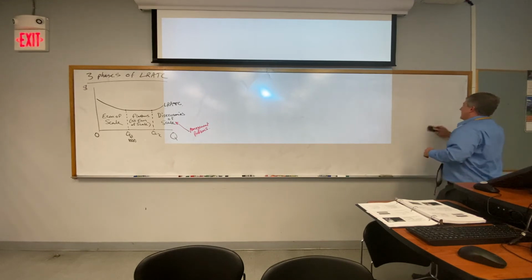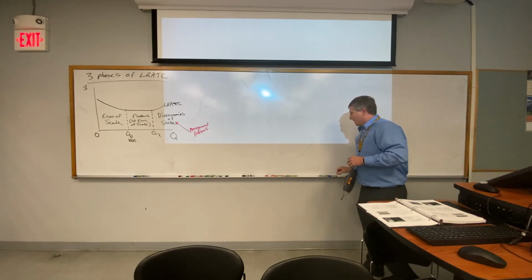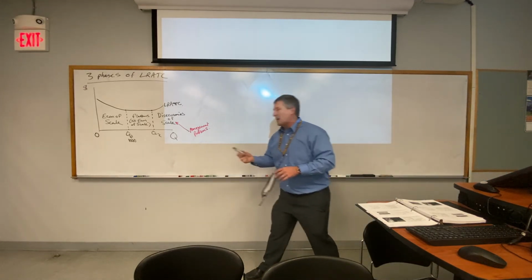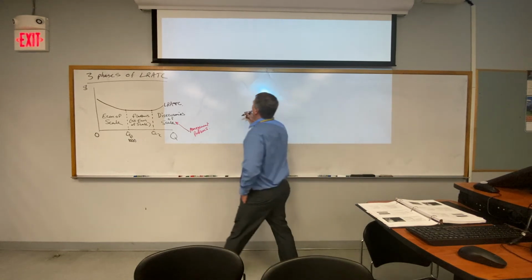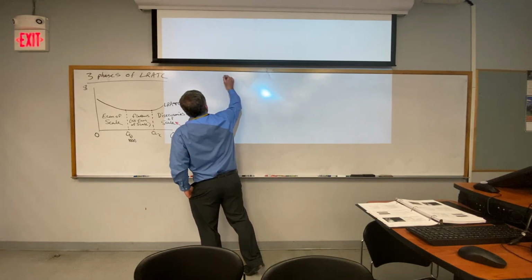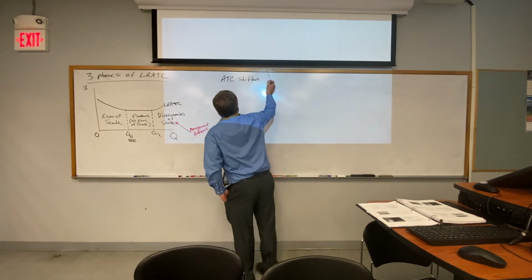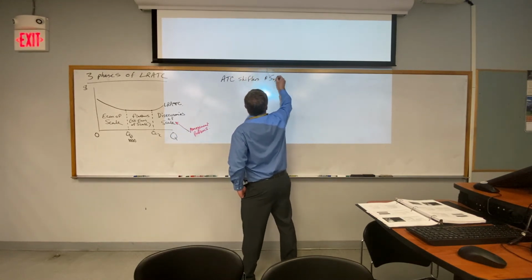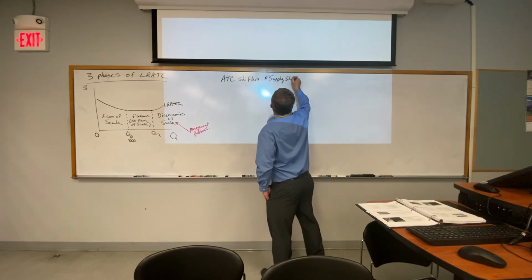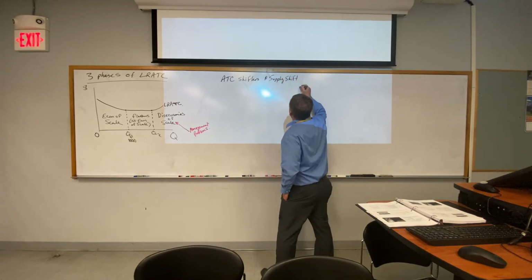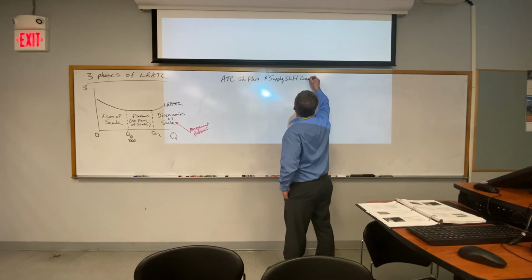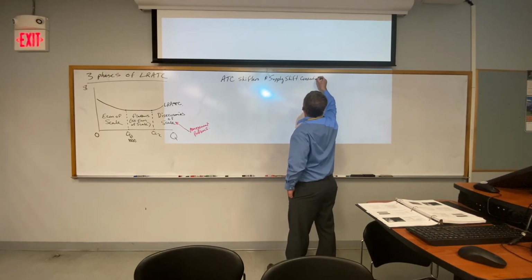So we can think of this as a connection between supply shifters and cost shifters. So let's call this average cost shifters and supply shift connection. Kind of connecting the dots here.